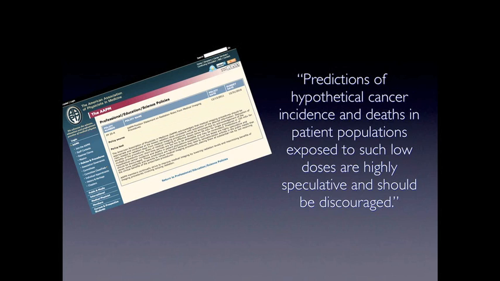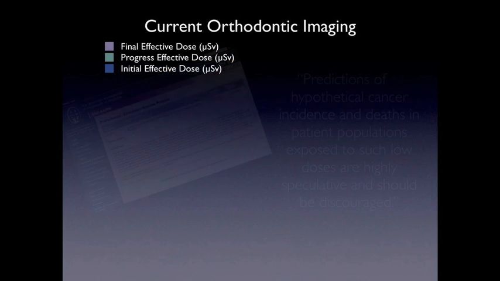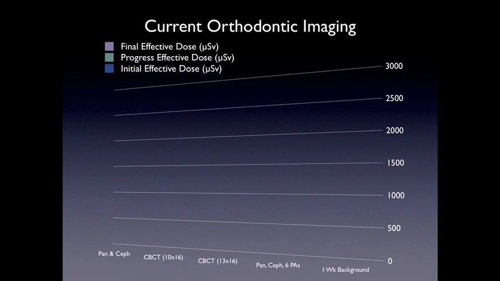The American Association of Physicists in Medicine goes on to state predictions of hypothetical cancer incidence and deaths in patient populations exposed to such low doses are highly speculative and should be discouraged. Now, unfortunately, the media doesn't always take that comment to heart, and any risk, of course, garners lots of national attention.